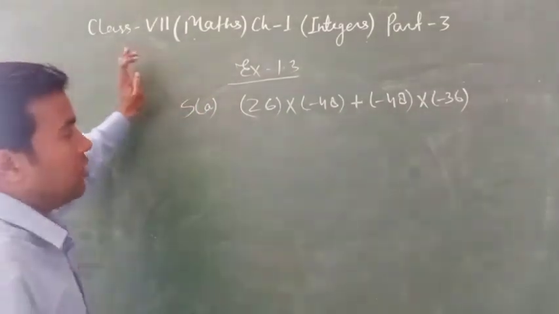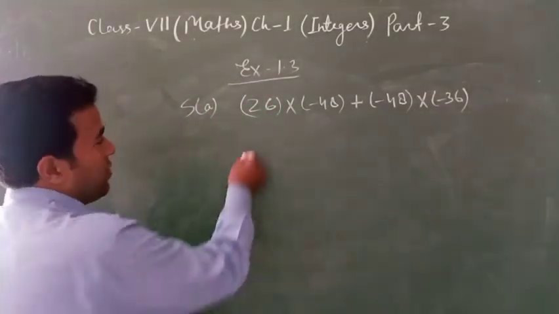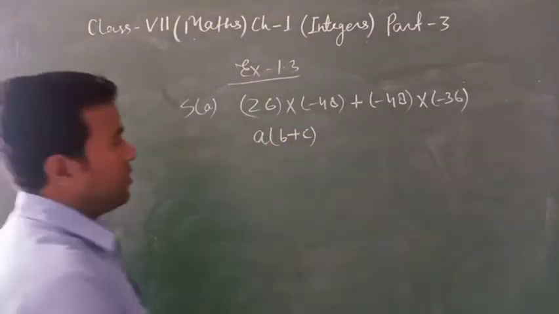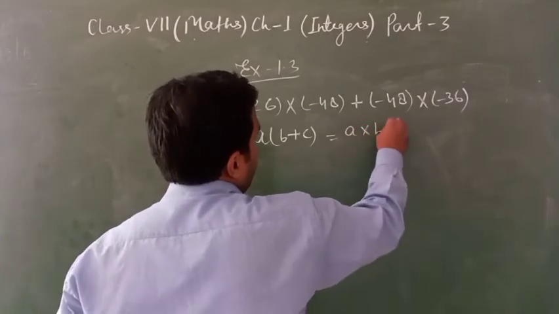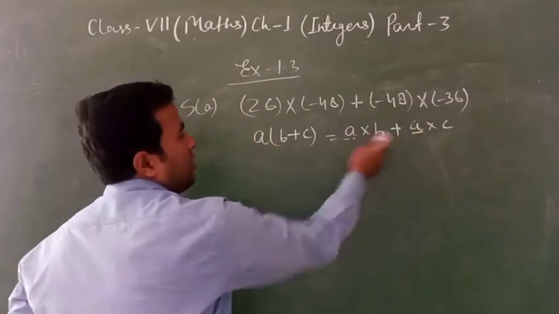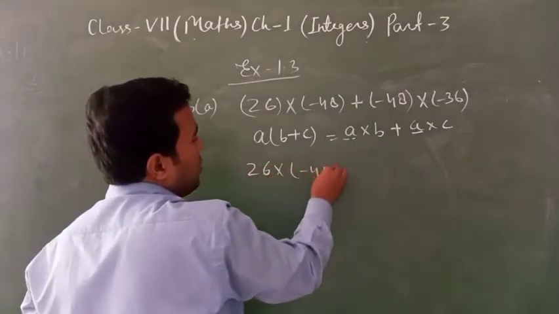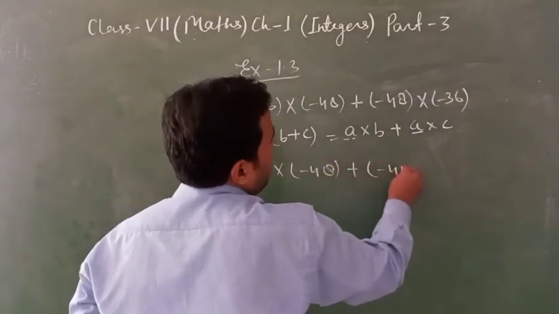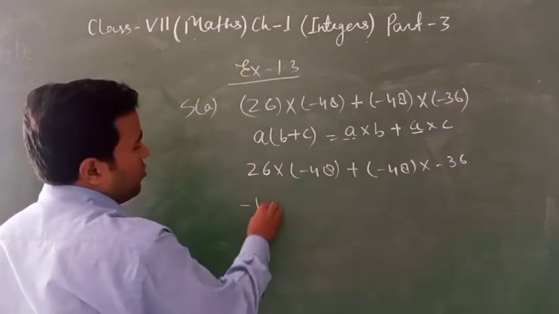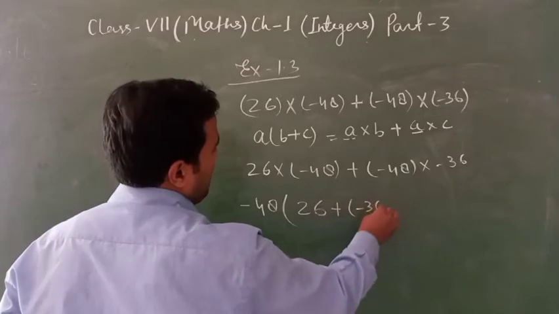So I told you, if it is a distributive property, A in bracket B plus C means A into B plus A into C. So A is here, so both are common. Like this, here also 26 into minus 48 plus minus 48 into minus 36. So minus 48 you will take common. So here what is left? 26 plus minus 36.